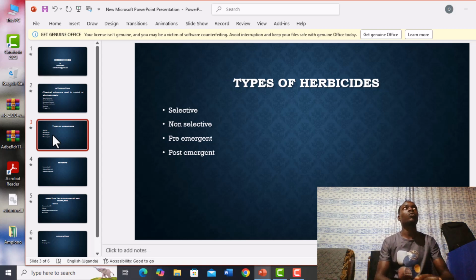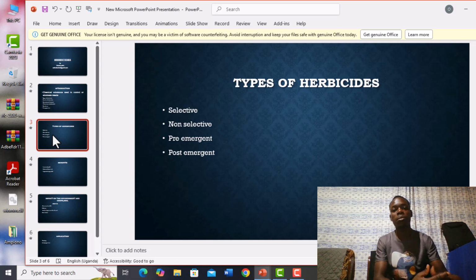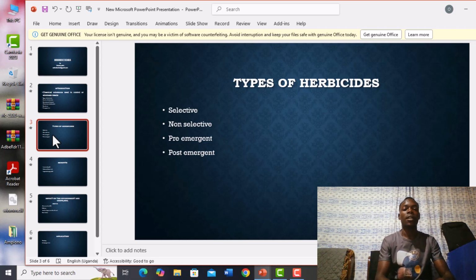Now we go to the pre-emergent. The pre means before, the post means after. The pre-emergent is the herbicide we apply when the weeds or even the crops have not yet emerged.